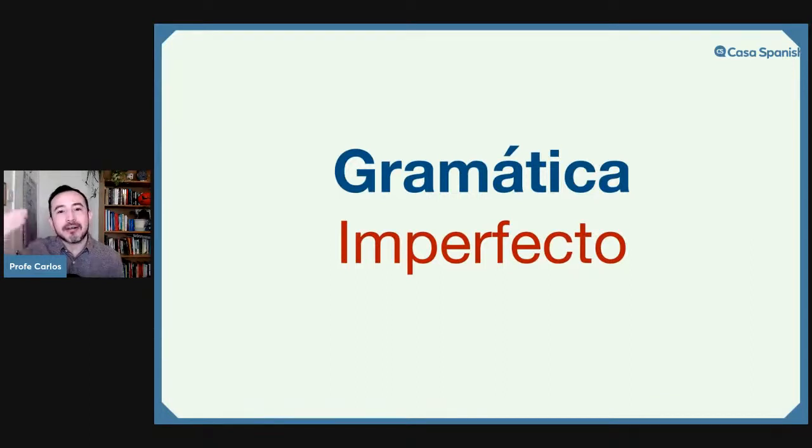Yes, it is in the past and it's finished, but it is not completed, because of an interruption or a change, a condition. So there's always this idea of changing. So that is why we call it imperfect.